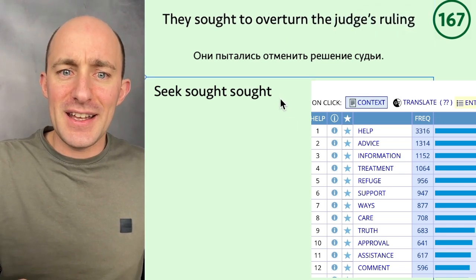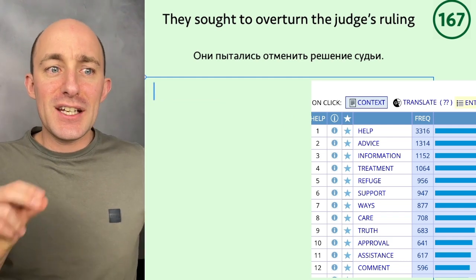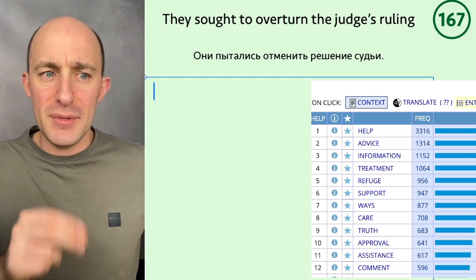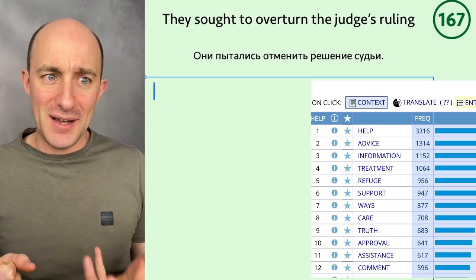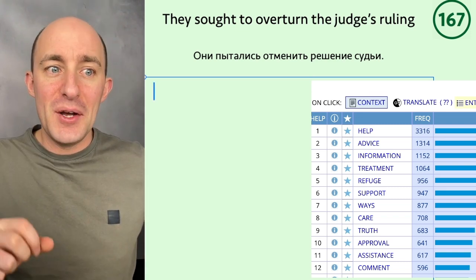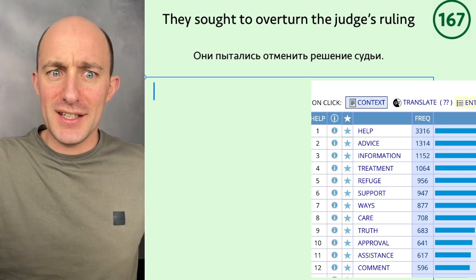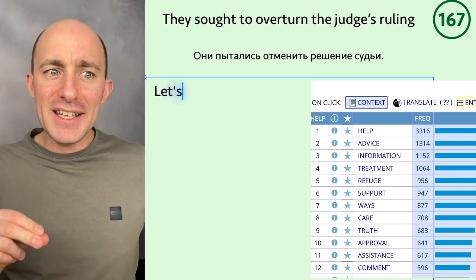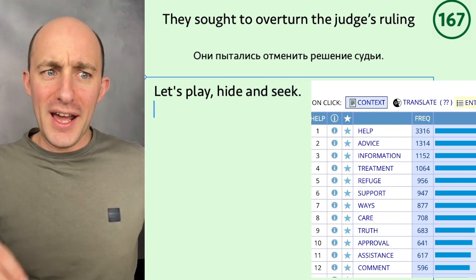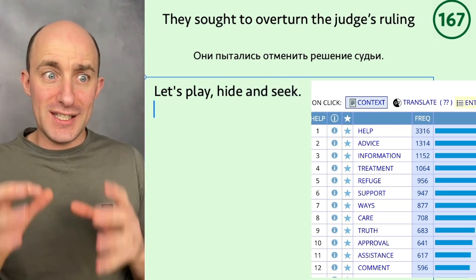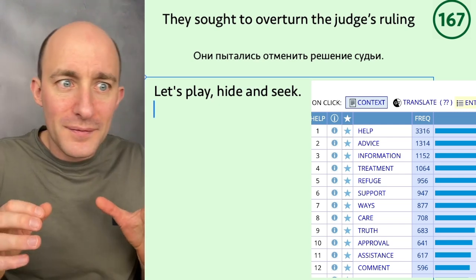And seek to do something is a bit different to seeking something. Seeking something means looking for something, or for somebody, actually. In English it's let's play hide and seek. Kids love playing hide and seek. So just seek is to look for.